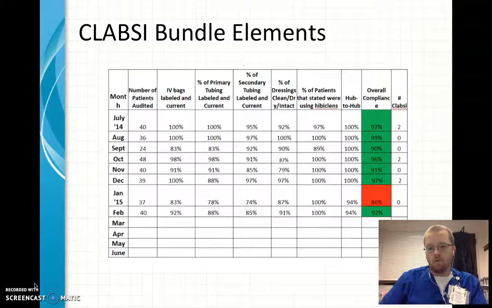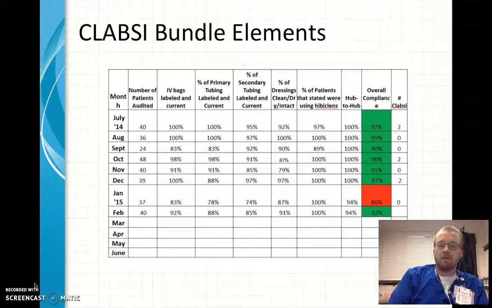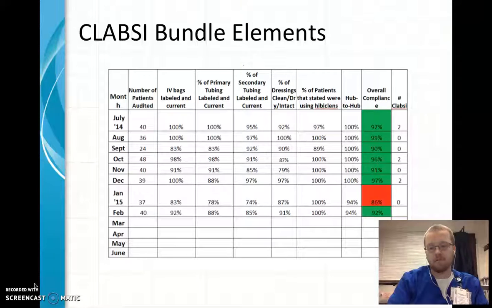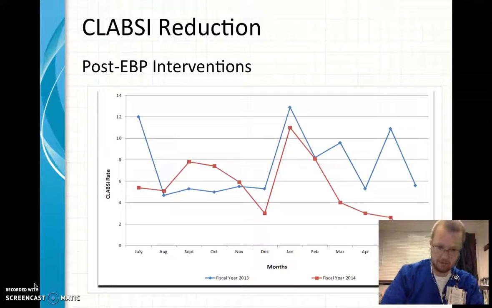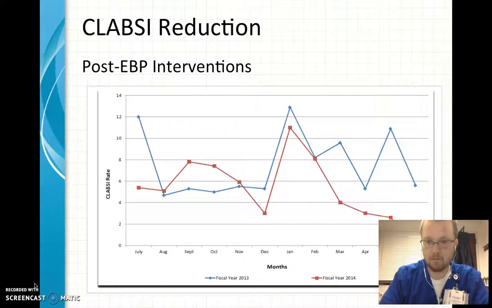So this is the scorecard that I was talking about, and this is for the enterprise directors to view and kind of base our effectiveness. And as you can see, after the evidence-based practice interventions, we dropped to near a 0 in fiscal year 2014.